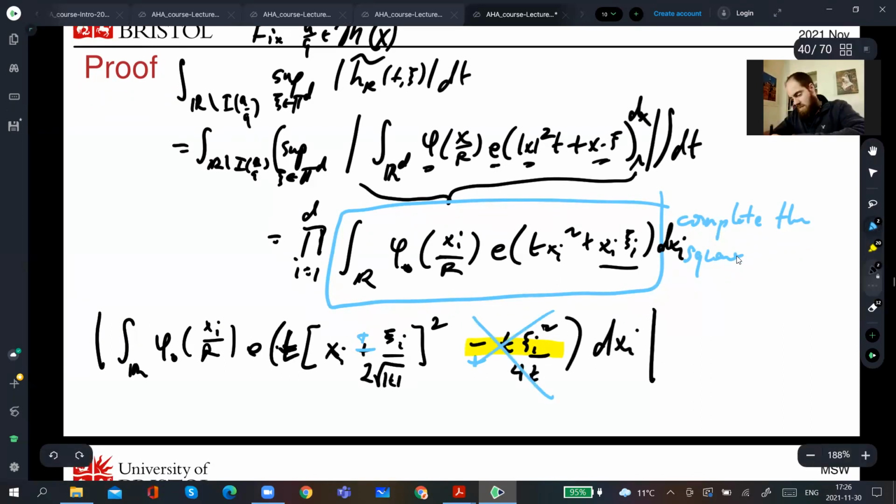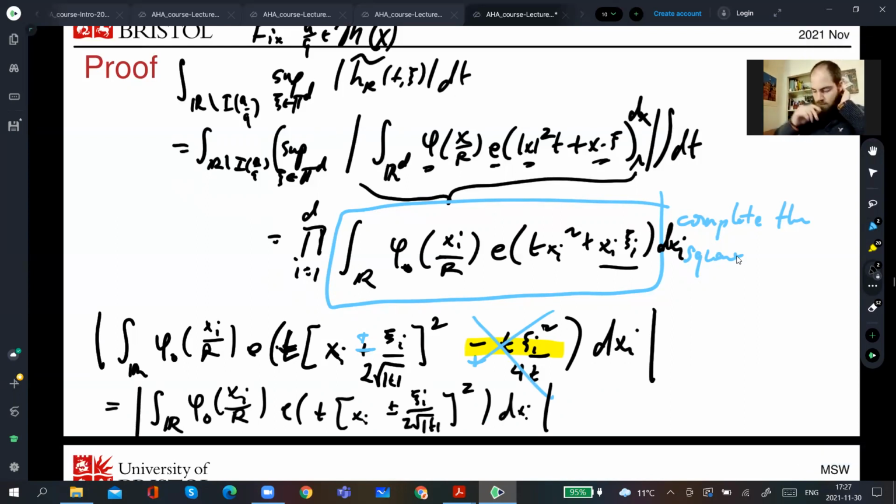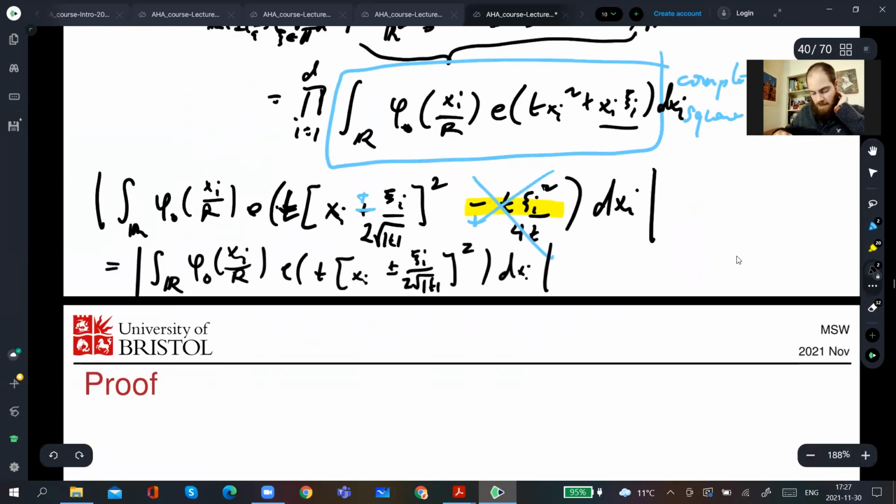Okay, so this is just equal to the integral over R of phi naught of xi over r, e of t, xi plus or minus c_i over 2 root absolute value of t, squared, and then d xi, absolute value.